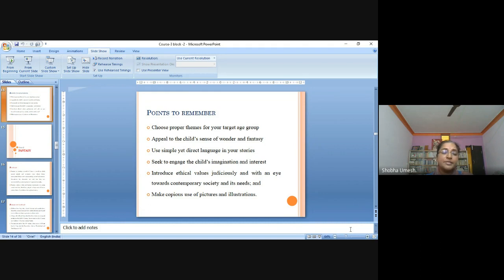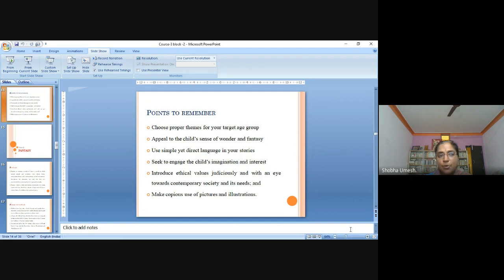The second point is very important because children get attracted towards wonder and fantasies. So we have to keep these two things in mind and write. Use simple and direct language in your stories. Whenever you start writing a story, keep in mind that the language is very simple and direct.